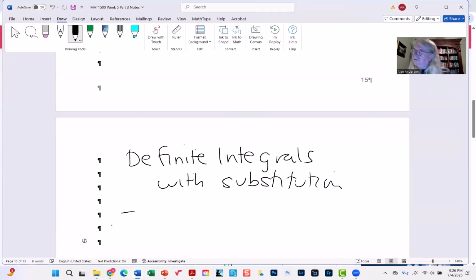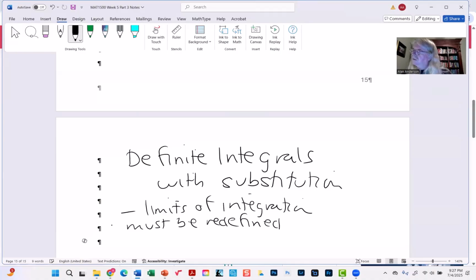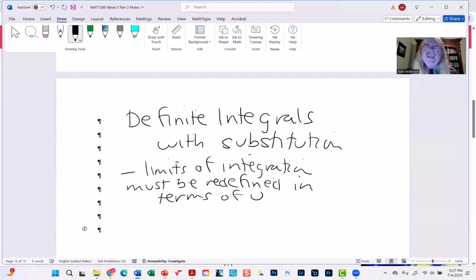And that is that the limits of integration must be redefined in terms of u. Okay. In other words, the limits of integration are not going to apply if you switch from, let's say, x to u or something like that.